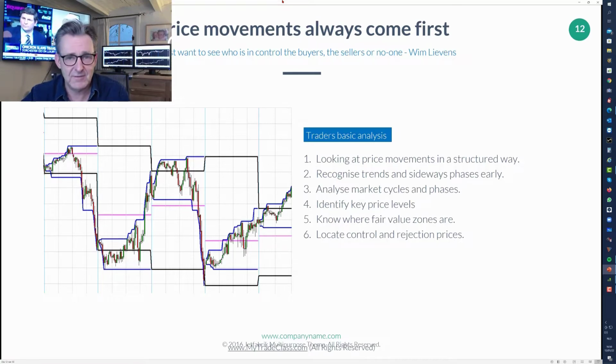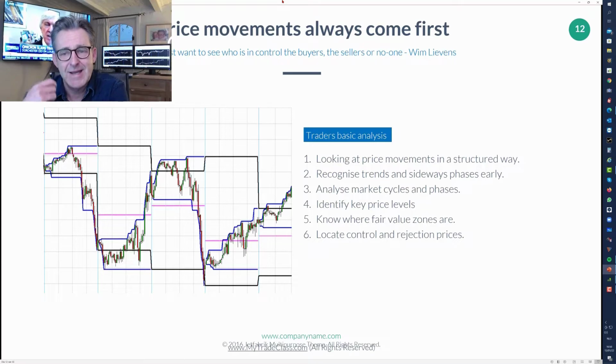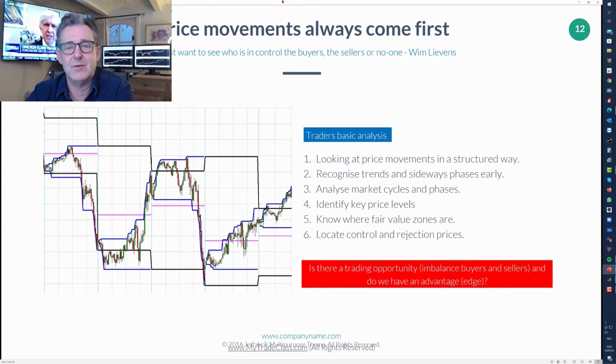There's all these things we try to recognize, and we can see on charts where there's nothing. There's just candles, just price. You can do this on any time frame. You can do this on a Renko, on range bars. You can do this on anything. But this is something that you can do, and I think it's very important that you learn this.